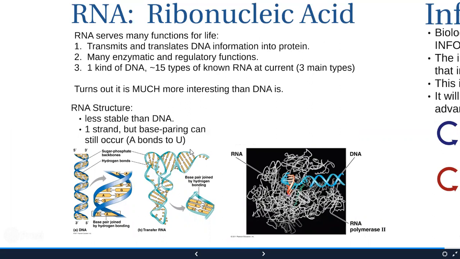Typically, it's only a single strand, but it can base pair with itself. So we see that in the case of tRNA, which is here. We call it a cloverleaf shape, even though it doesn't really look like a cloverleaf there. And there are some cases of some rare viruses having double-stranded RNA where the base pairing rules still apply, just with another strand of RNA.